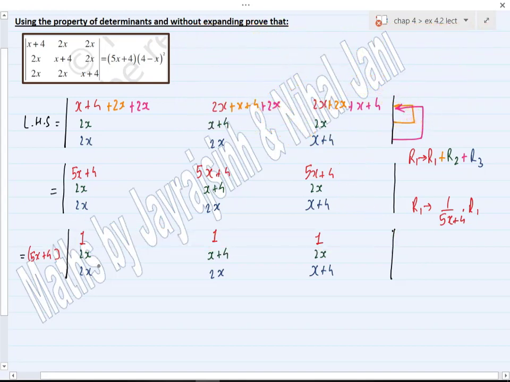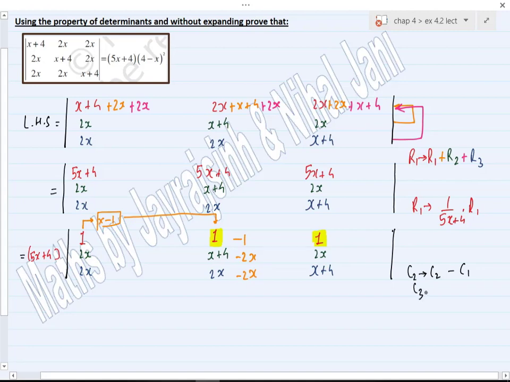So let's use first column to get 0, A12 and A13. And for that, the preferable operation is C2 gives C2 minus C1. That means you have to multiply minus 1 with the first column and add into the second column. 1 minus 1s are minus 1, 2x minus 1s are minus 2x, 2x minus 1s are minus 2x.